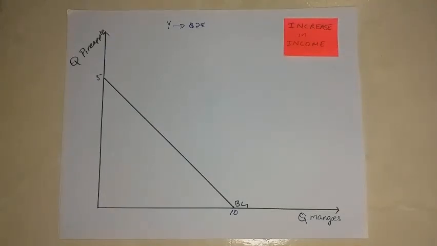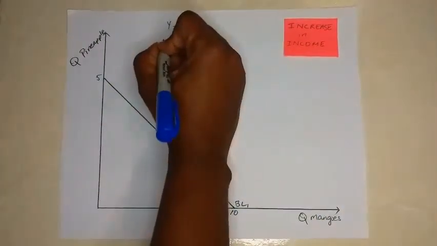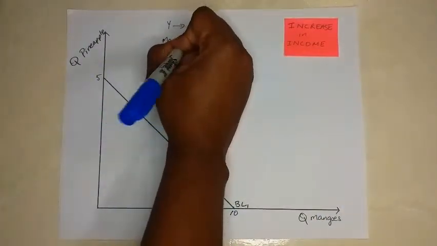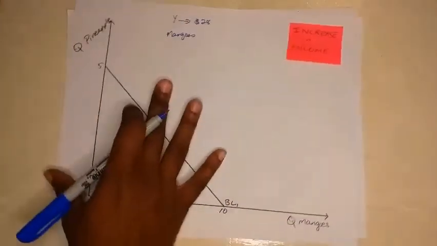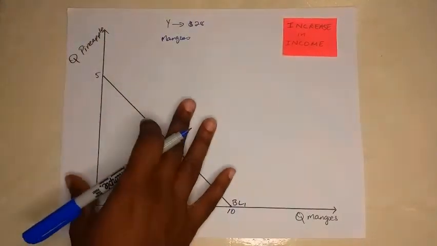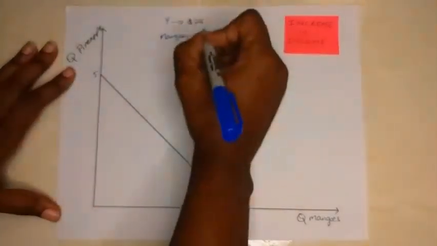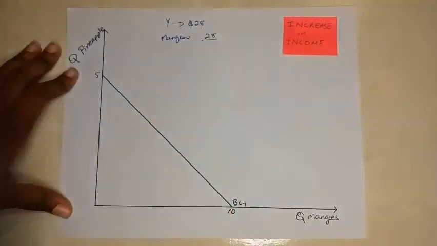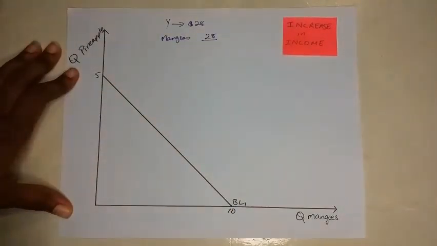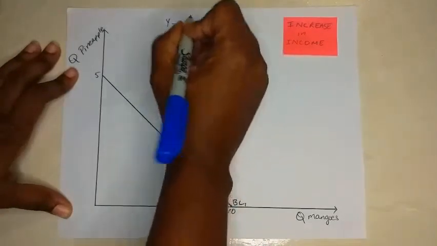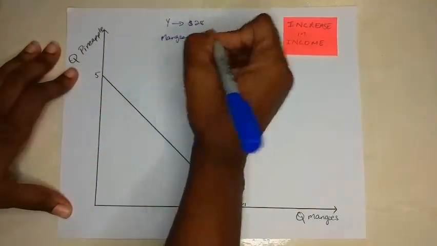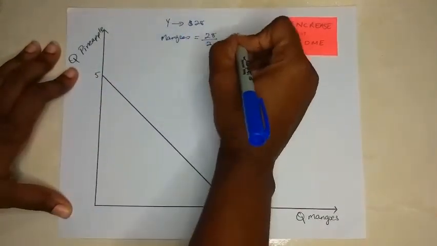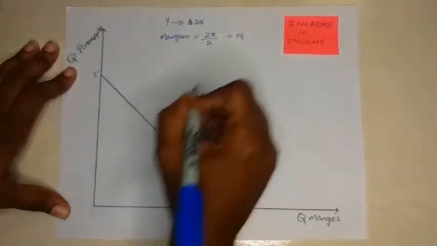So in the case of mangoes, the formula will still be the same, except in this case we'll have a new value for income, a new Y. So it's going to be 28 over 2. I believe 2 was the original price of mangoes, yeah? And that is going to give us 14 mangoes.